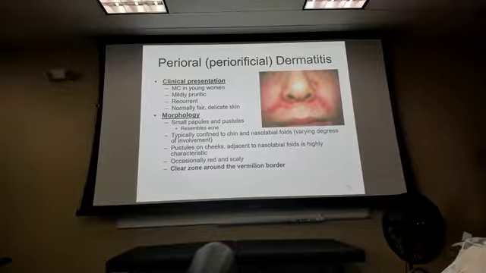It's just outside, so it's right up in there. Pustules on cheeks adjacent to those folds are highly characteristic. Again, occasionally red and scaly. So that's a beautiful mustache, but it's not all the way down to that vermilion border.